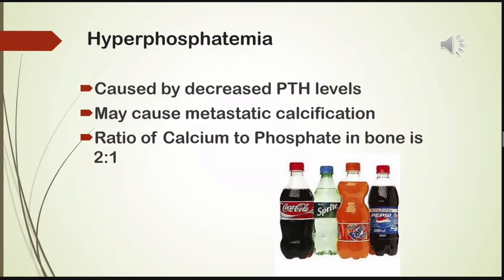This is because wherever there's calcium and phosphate, it can theoretically form bone. The proper ratio of calcium to phosphate in the bone is 2:1. Now, I just put here the picture of soft drinks because soft drinks apparently are one of those drinks that have a very high amount of phosphates.